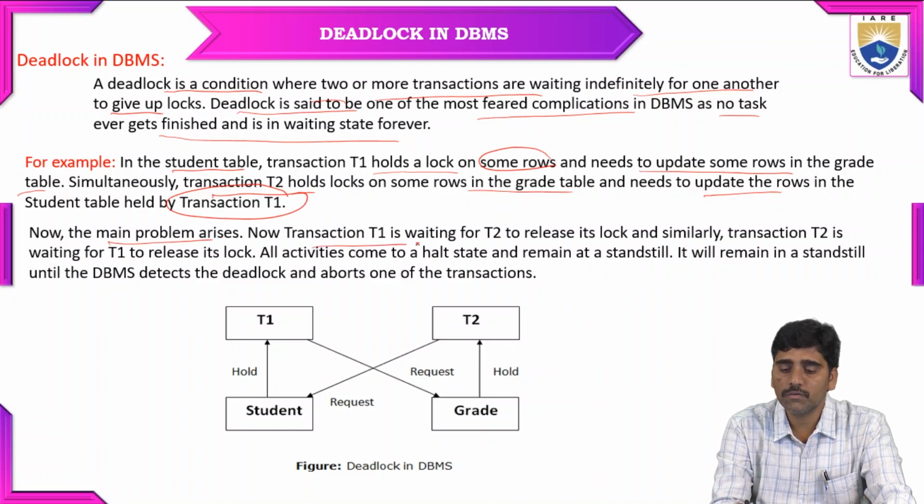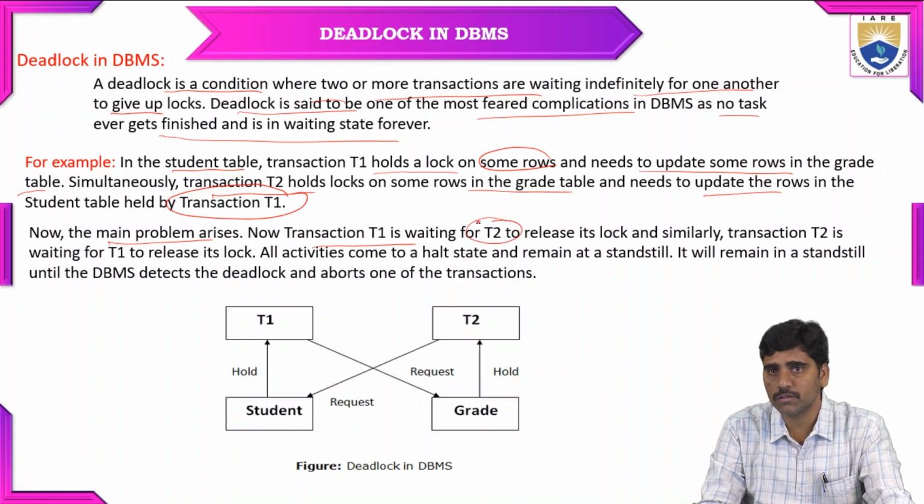Now transaction T1 is waiting for transaction T2 to release its lock, and similarly transaction T2 is waiting for T1 to release its lock. T1 is requesting T2, and T2 is also requesting T1.